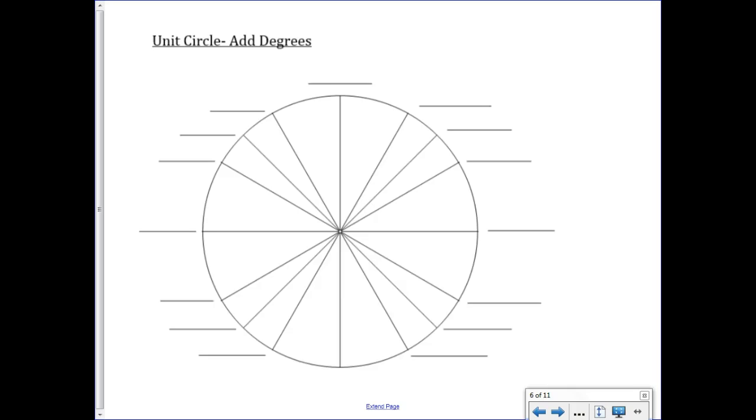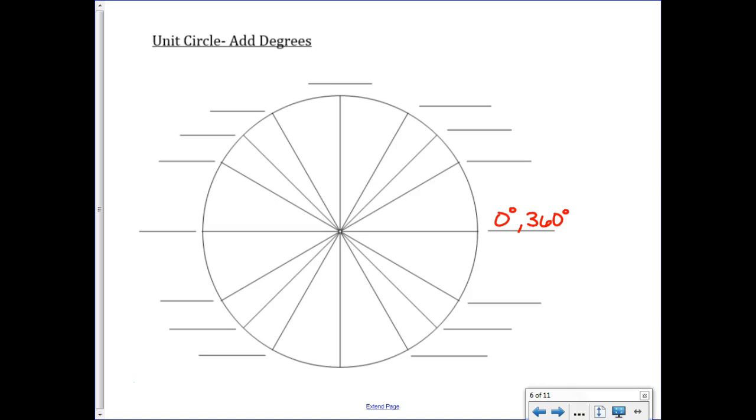All right, one thing that we are going to focus a lot on in this chapter is the unit circle. And so we talked about the degree measures of the axes. So this is 0 degrees right here, but also if you make it all the way around, it's 360 degrees.